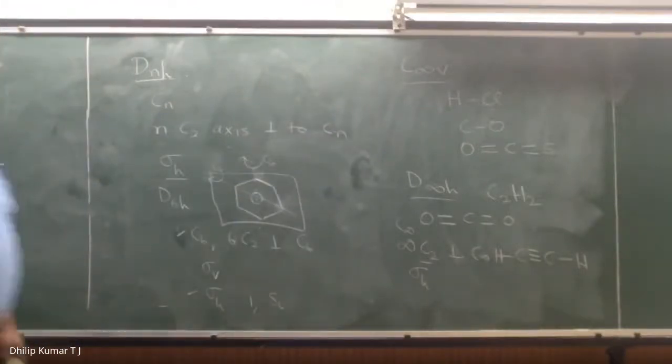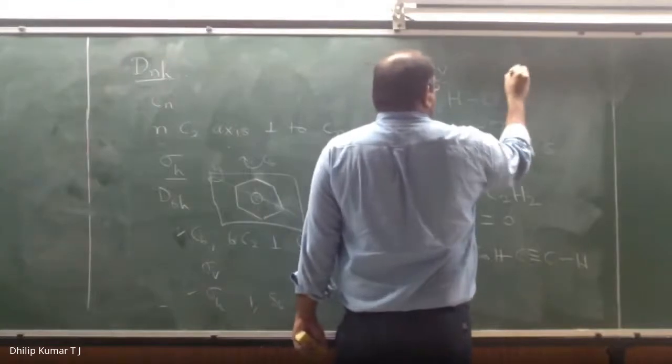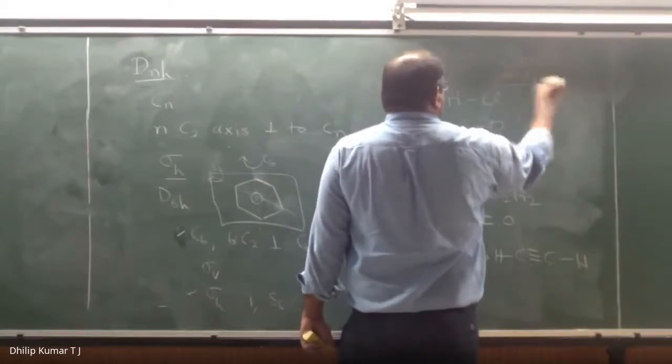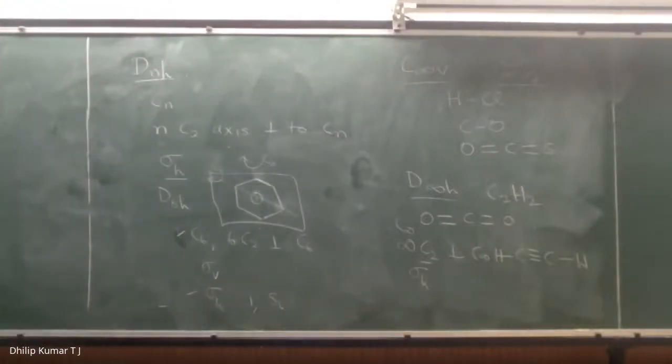So again, C infinity V, it has what? It has C infinity and infinite sigma V planes. Only this much. It doesn't have sigma H, but it will have sigma V planes.